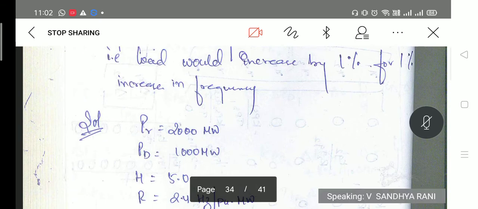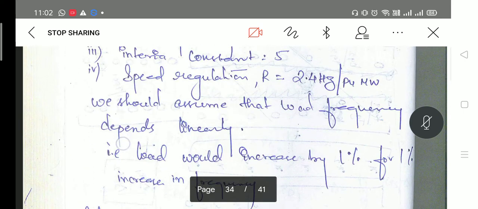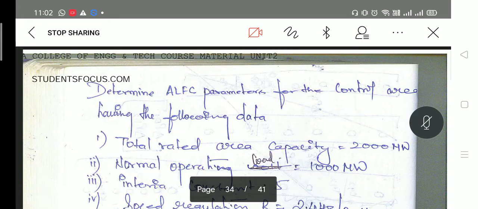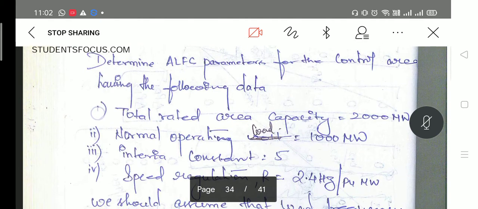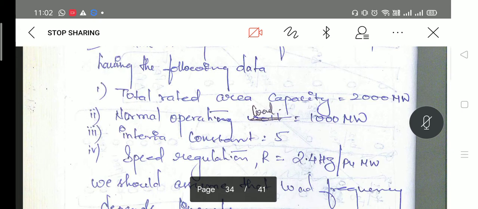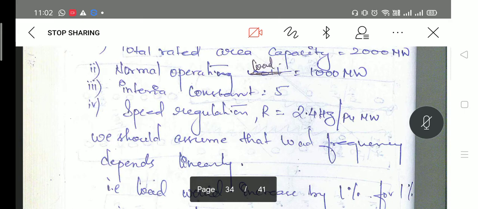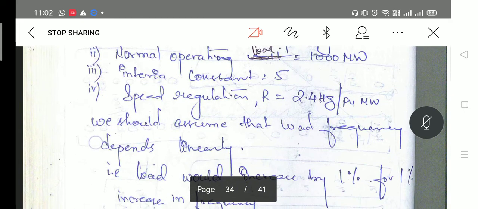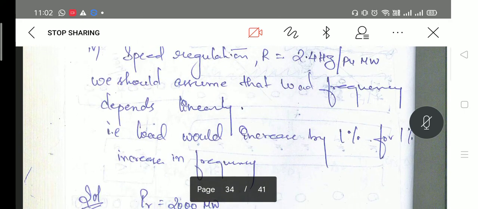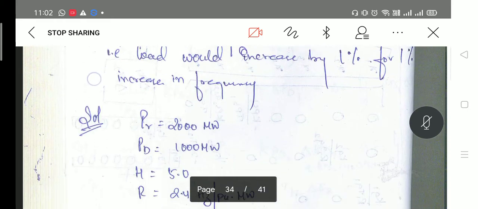He's given all those values. First write down all the data given in the problem. First PR, that is the total rated area capacity. I am taking PR as 2000 megawatts. Normal operating load is PD is equal to 1000 megawatts. Inertia constant H is equal to 5, and speed regulation R is equal to 2.4 hertz per unit megawatt.